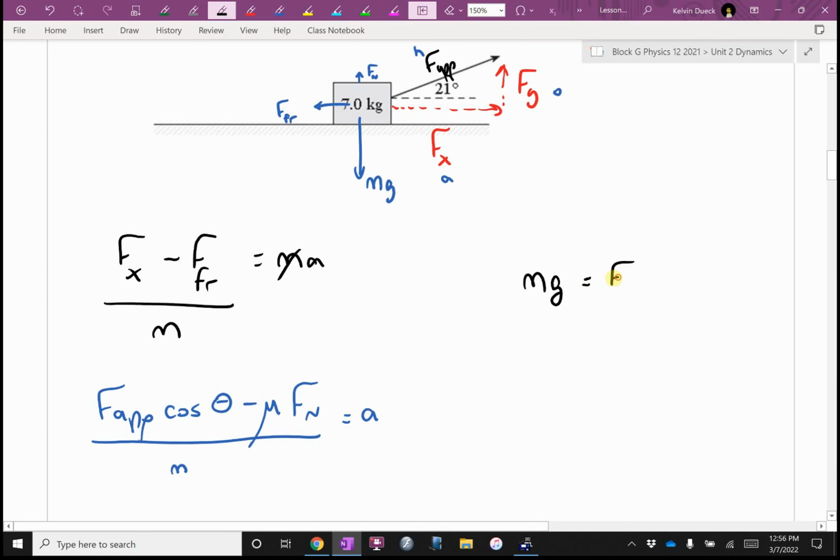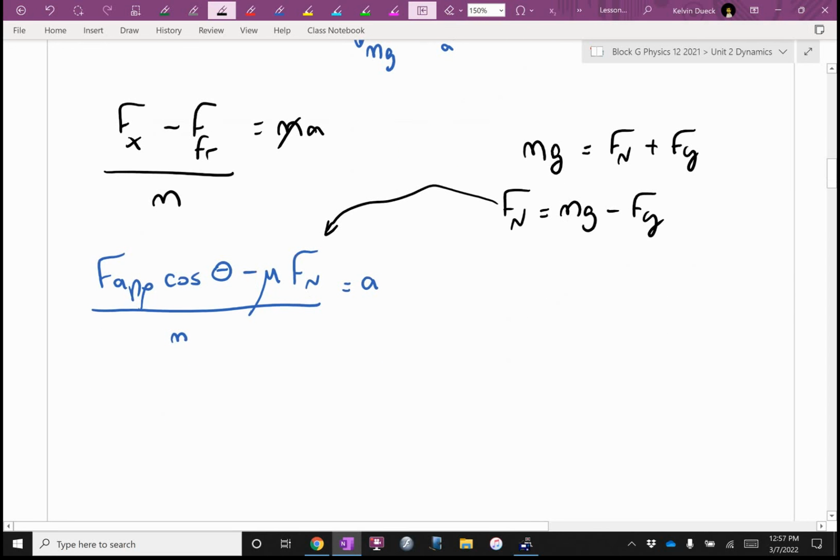That looks like it's the normal force and Fy. How would I get the normal force by itself? Is it a swappy dance? No, just minus it. Just minus Fy. So I think the normal force is going to be mg minus Fy, FYI. And so that's going to go right there.